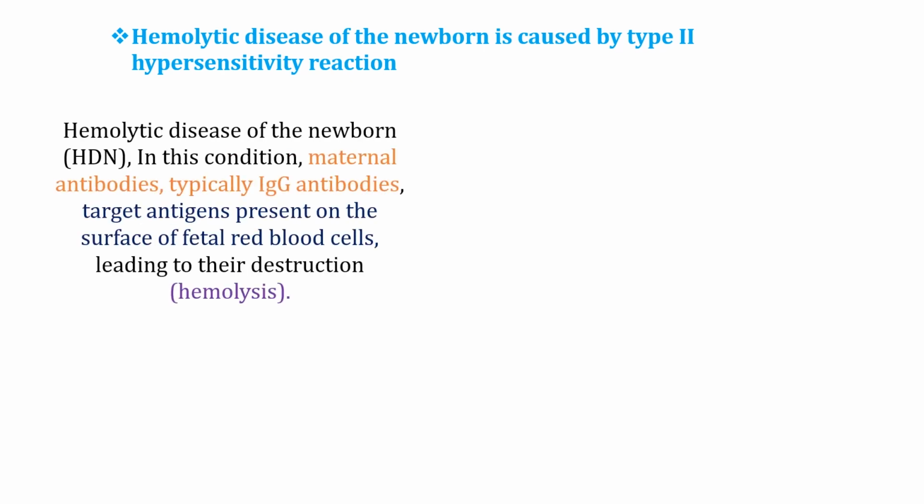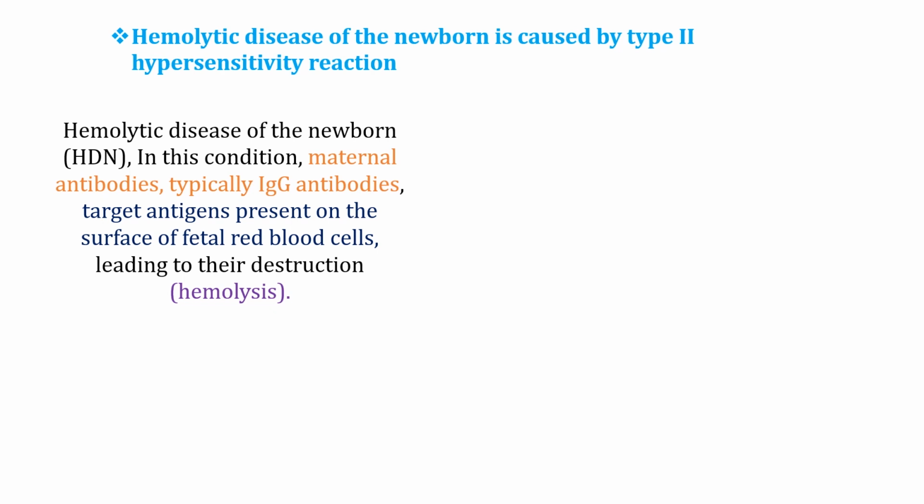So first we understand what hemolytic disease is. Hemolytic disease refers to a group of conditions characterized by the premature destruction of red blood cells, or hemolysis. This can occur due to various factors such as autoimmune reaction, infection, or reaction to medication.